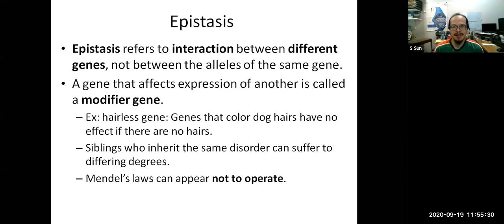It's so obvious: if a person is bald, there's no chance to know whether the hair is curved or not. So Mendel's second law is difficult to hold because genes don't actually work independently. Some genes may work independently, but for a lot of genes the expression interferes with each other.